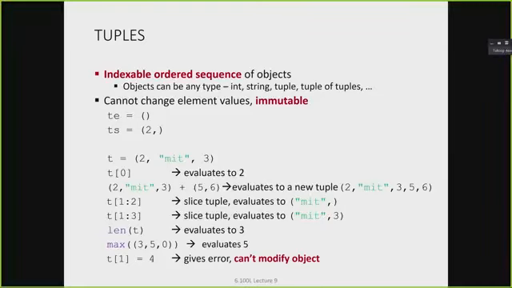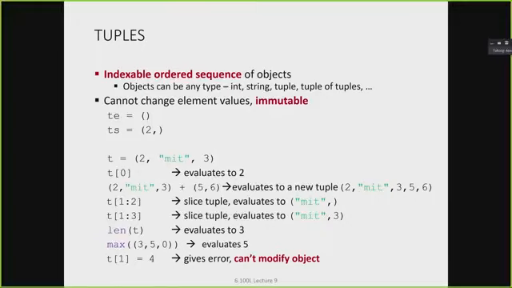All right, so tuples are indexable ordered sequences of objects. That's kind of a lot, so we can break that down. So first of all, it's a sequence of objects. Just like a string was a sequence of single characters, a tuple is going to be a sequence of not just characters, but any kind of object. Ordered sequence means that there will be an order to this sequence.